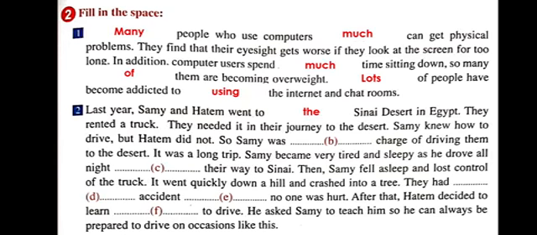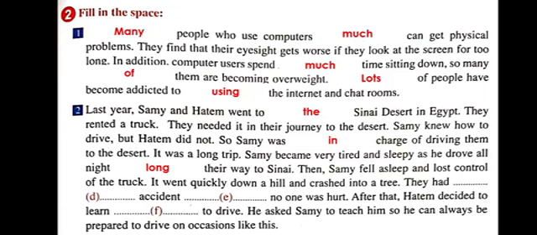Last year, Sami and Hatim went to the Sinai Desert in Egypt. They rented a truck. They needed it in their journey to the desert. Sami knew how to drive, but Hatim didn't. So Sami was in charge of driving them to the desert. It was a long trip. Sami became very tired and sleepy as he drove all night long on their way to Sinai.